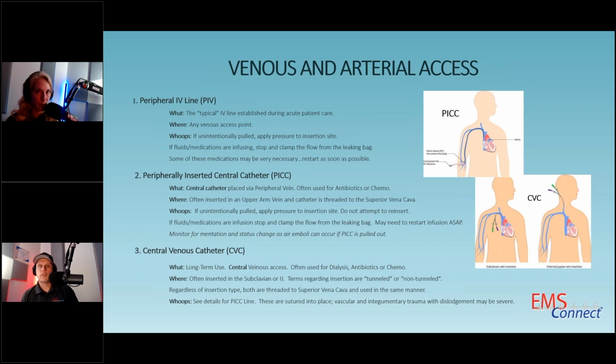So your simple short one that we do can sometimes be called a PIC. And so if your nurse or whoever you're talking to is giving you a report, clarify if it's a peripheral line or a central line, because you'll know which one's more permanent and which one's going to be having more long-term use.